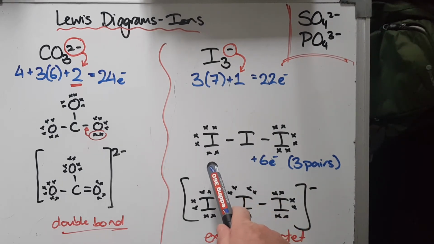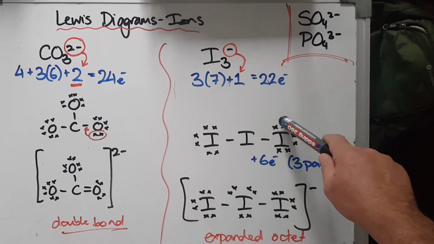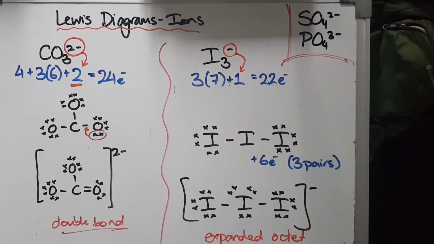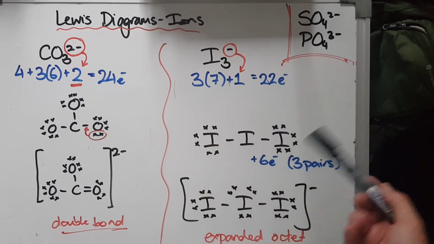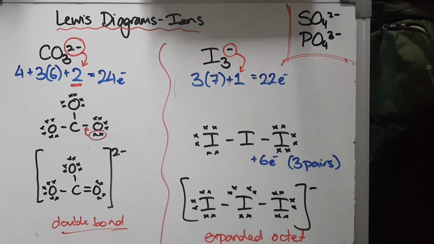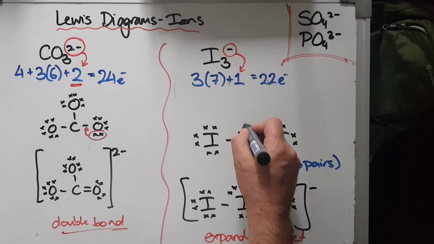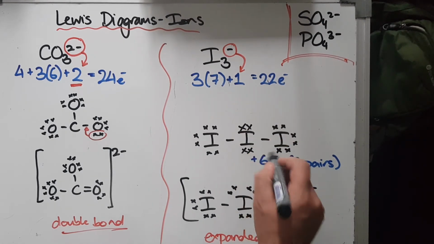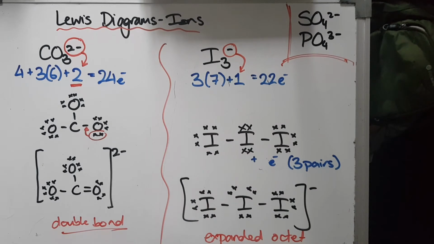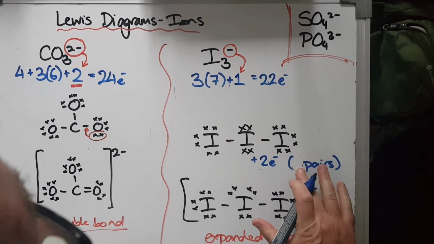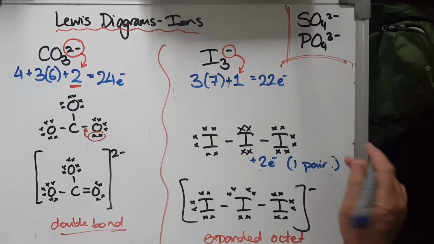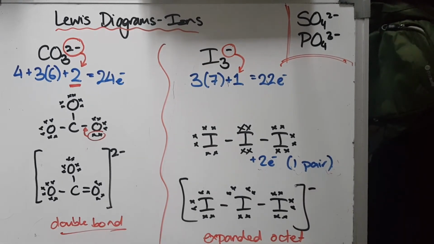Then I've completed the octet rule for the outside ones. When I add all these up, 2, 4, 6, 8, 10, 12, 14, 16, I've still got 6 left. Now what I'd normally do then is put some more in the central one. And now I've got 2 electrons left. So I've got to add 1 more pair of electrons somewhere.